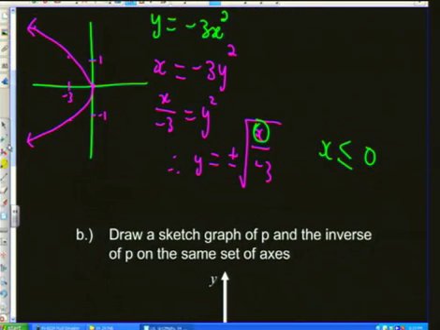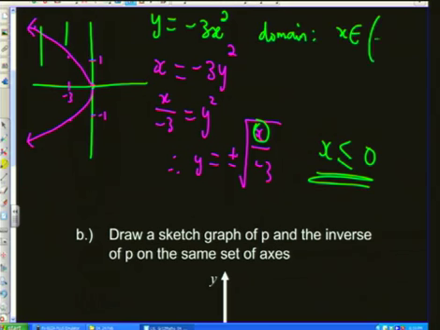Okay. Now, I have to do my domain and range. Given my restriction here, x should be less than or equal to 0. So my domain in this case is x such that x is an element of, starting from negative infinity and stopping at, including, 0.